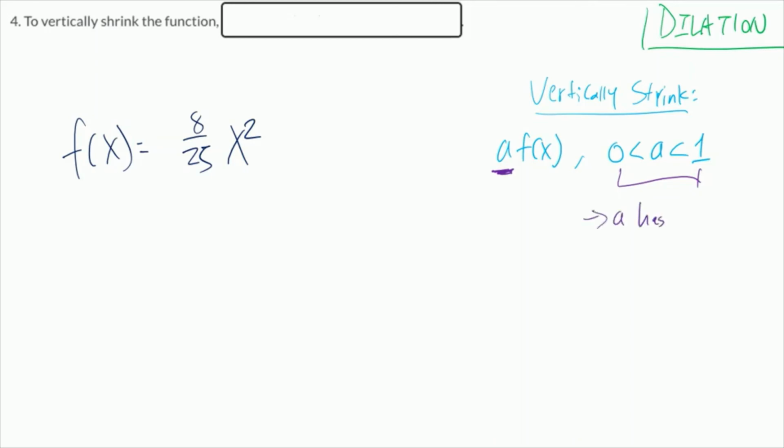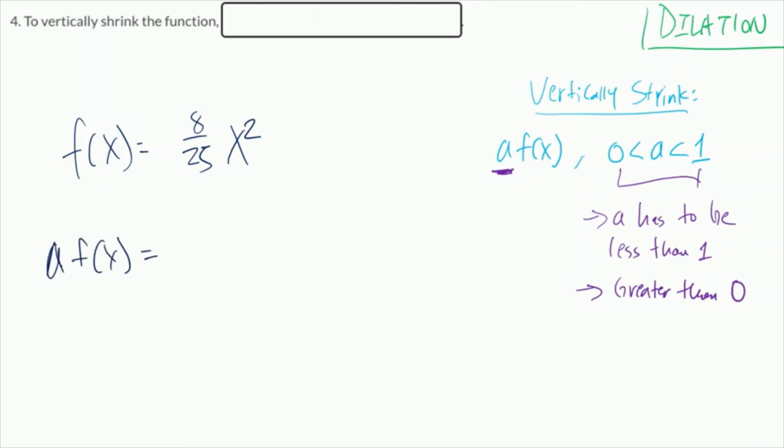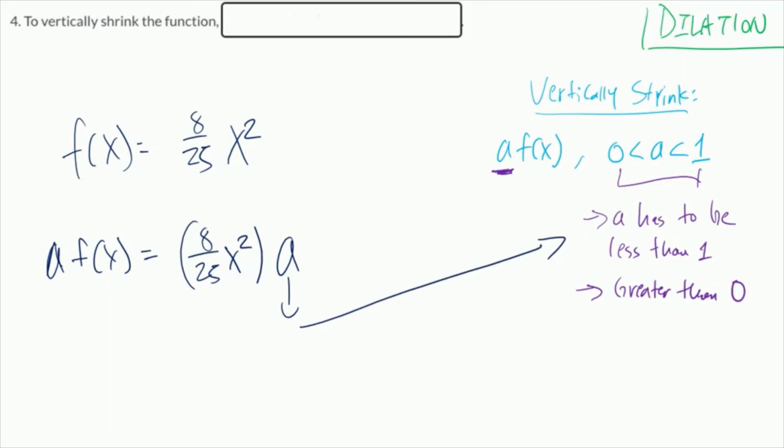A has to be less than 1, greater than 0. Right? So over here, a times f of x equals 8 over 25 x squared. You'll multiply this by a, right? And this a has to be less than 1 and greater than 0.